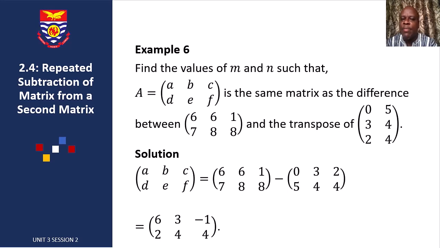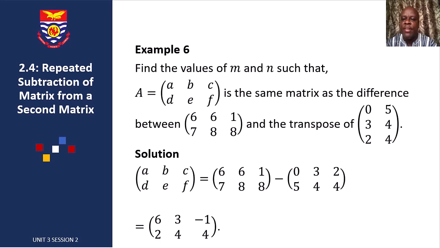So we will subtract that from the matrix that has been given. So we have 6, 6, 1 in row 1, 7, 8, 8 in row 2, minus 0, 3, 2 in row 1, 5, 4, 4 in row 2.